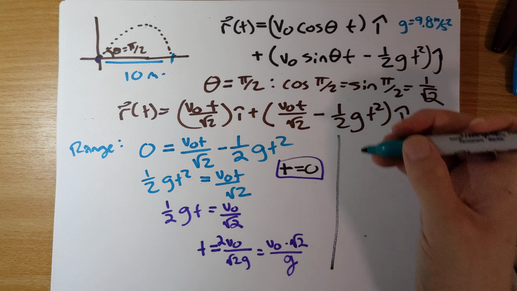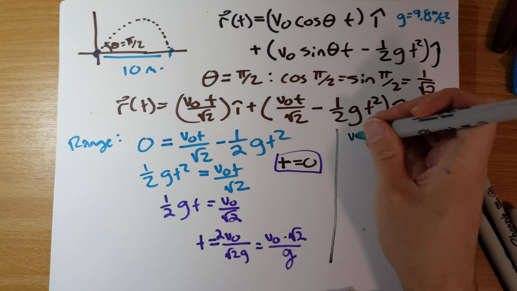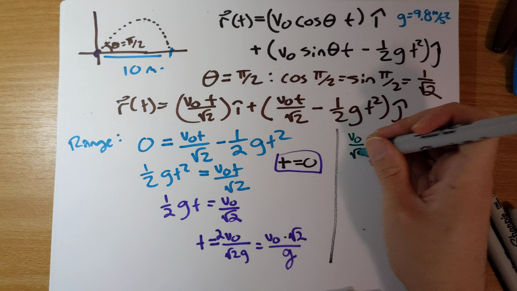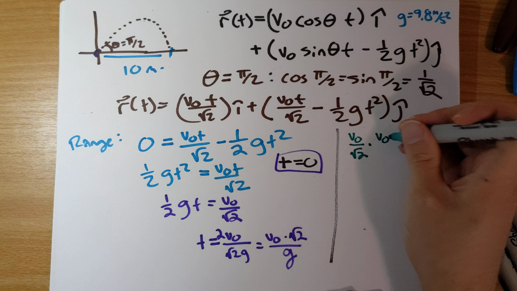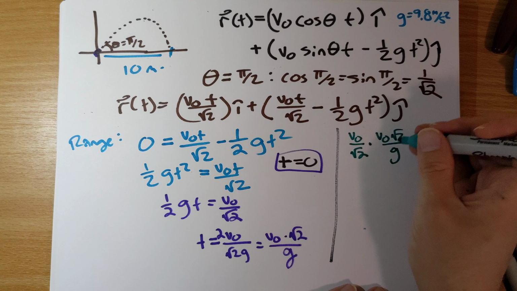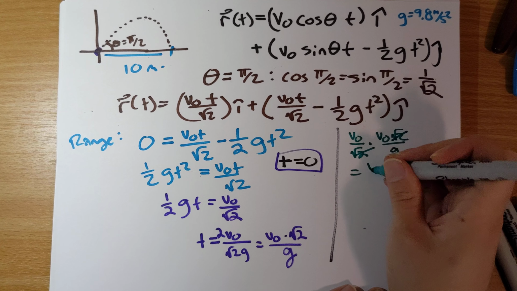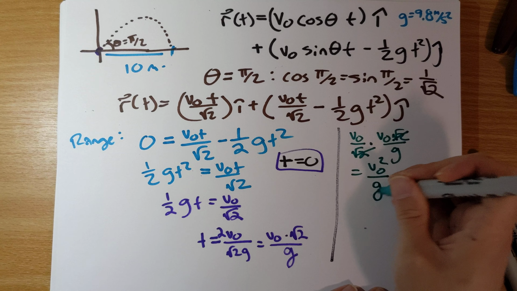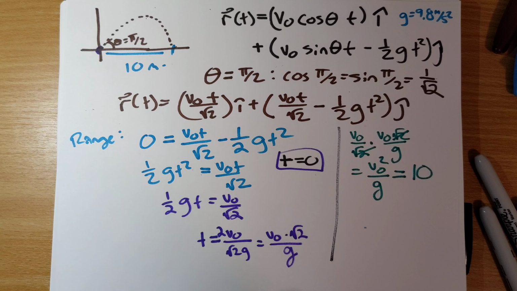So the i hat component here, v naught divided by square root 2 times v naught square root 2 divided by g, will simplify down, the square roots cancel, to v naught squared over g, and we want this to equal 10 meters.